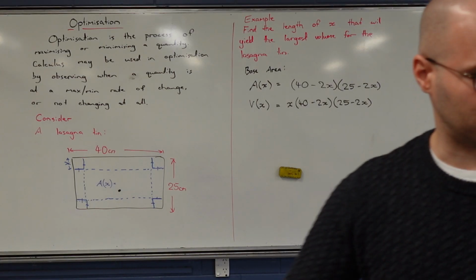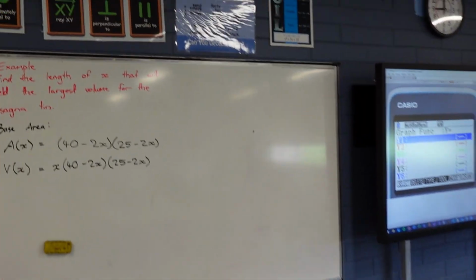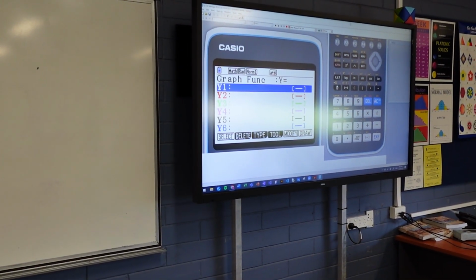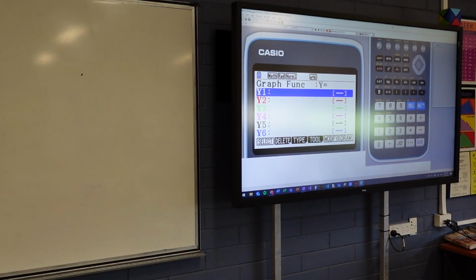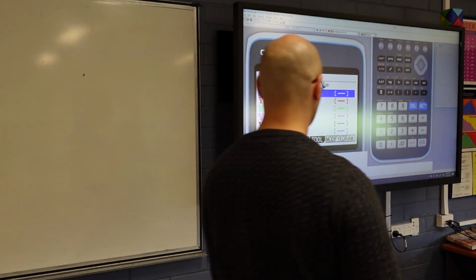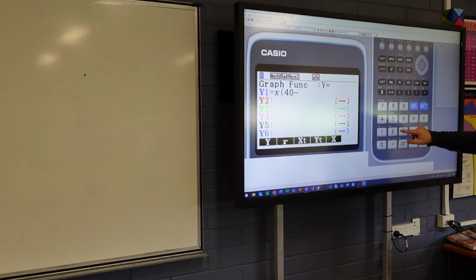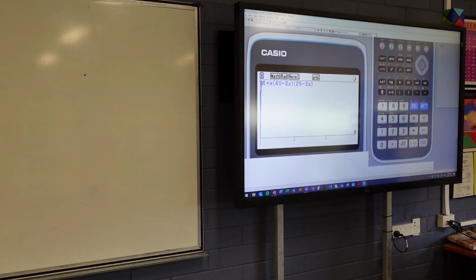So do you guys want to open your calculators up to graphing mode? I guess that will have to do. Okay, so it's going to be X, 40 take 2 X's, and then 25 take 2 X's. And we can graph it.